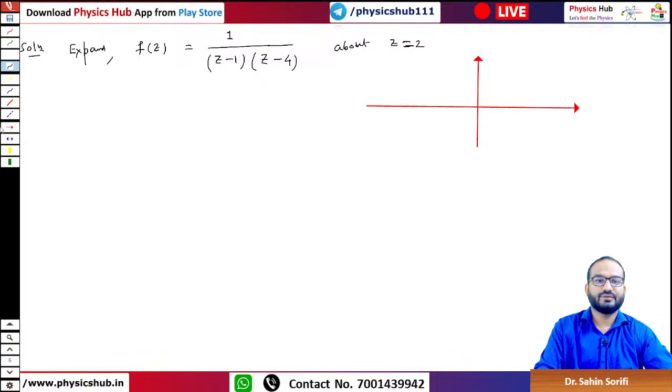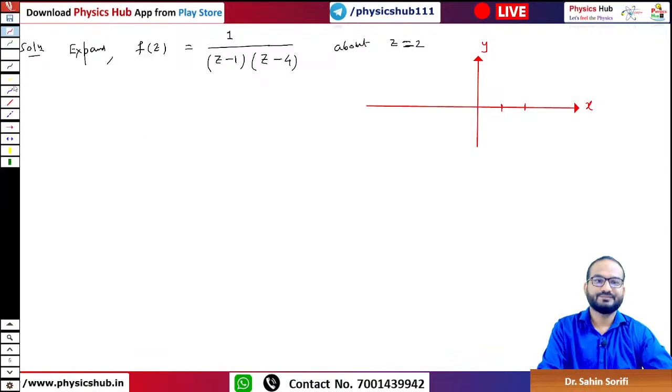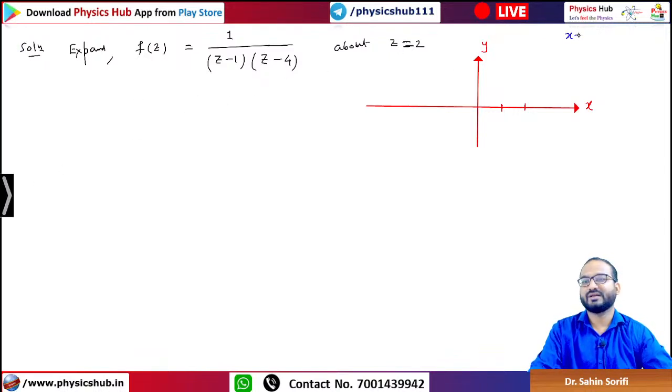So if we try to plot, this is the y axis, this is our x axis. So z equals 2 means x equals 2. This is, let's say, 1. This is 2. So whenever I say z equals 2, what does it mean? z is equal to x plus iy, na? So equals to 2 means 2 plus i times 0.